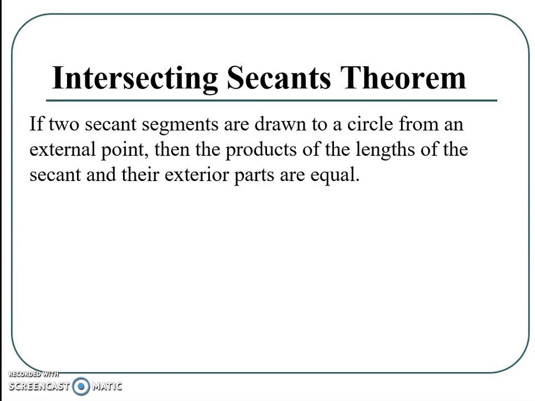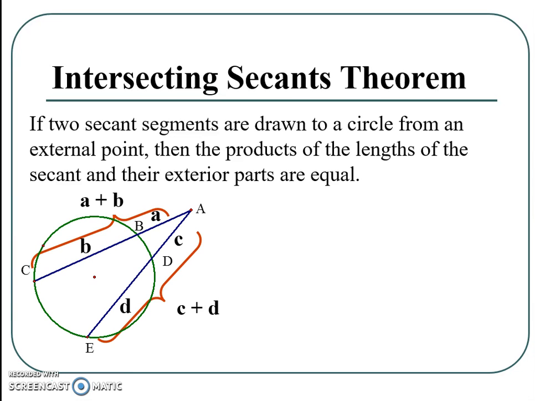Intersecting secants theorem. If two secant segments are drawn to a circle from an external point, then the products of the lengths of the secant and their exterior parts are equal. So right here, if I draw two secant segments, this is AC, that is one secant, and another secant.